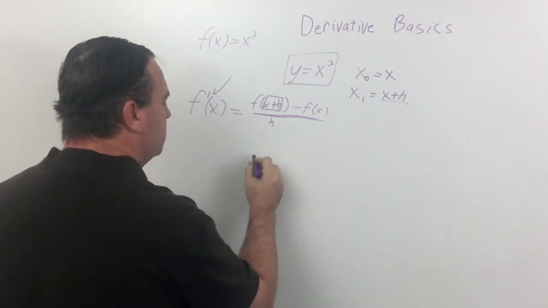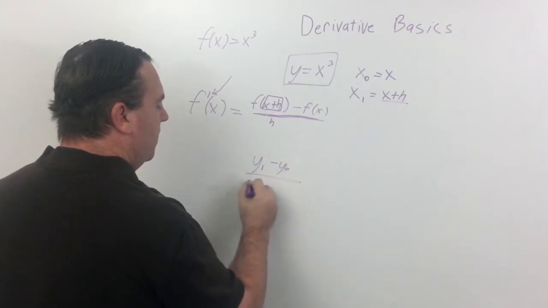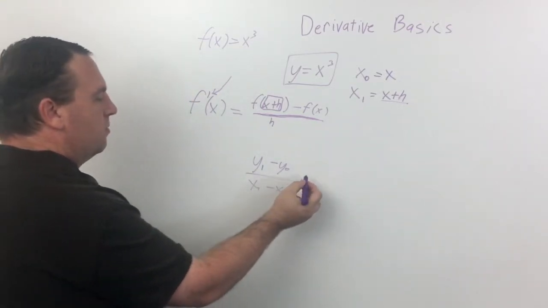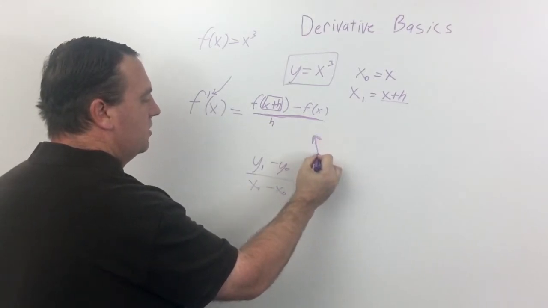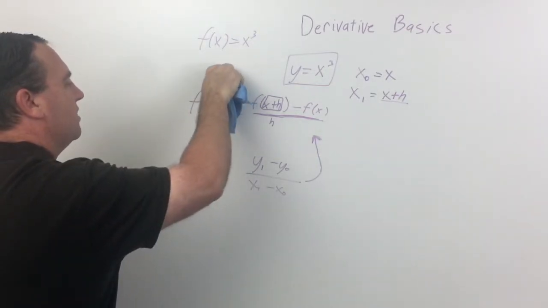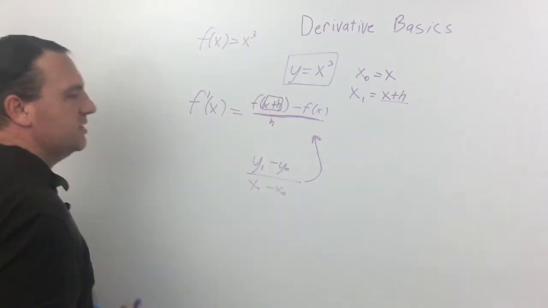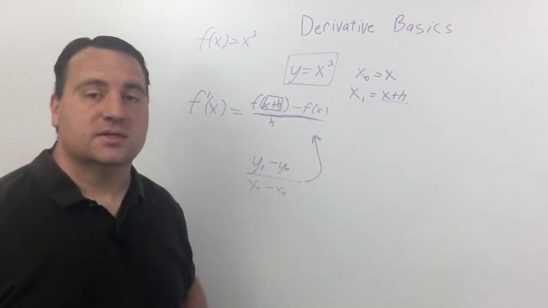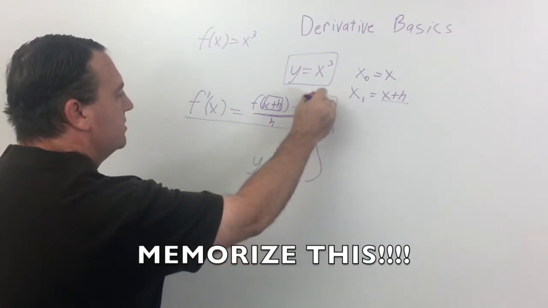We took the formula for the slope, y1 minus y0 over x1 minus x0, and we converted it into a general procedure for finding slopes between points that are very close together. And we use this h to represent the distance between those 2 points, at least the x distance between those 2 points. And then we use this formula, which you should memorize.